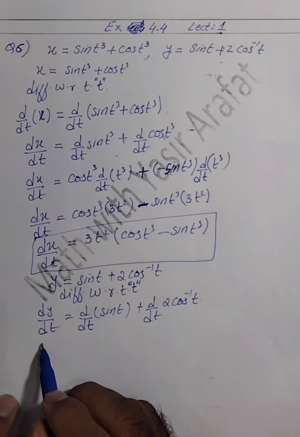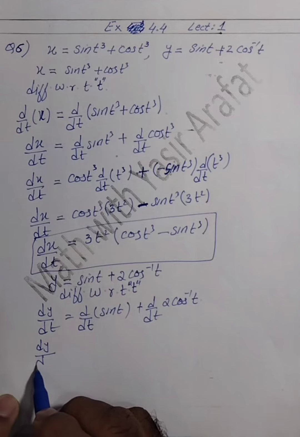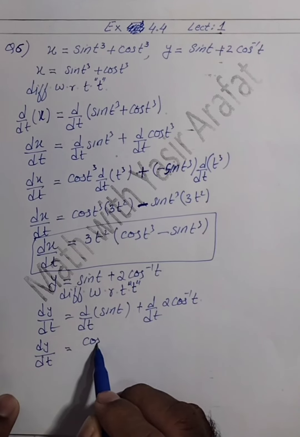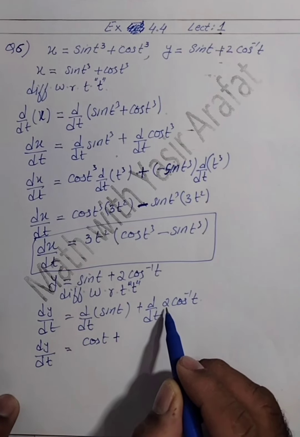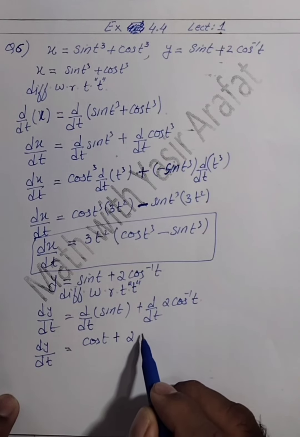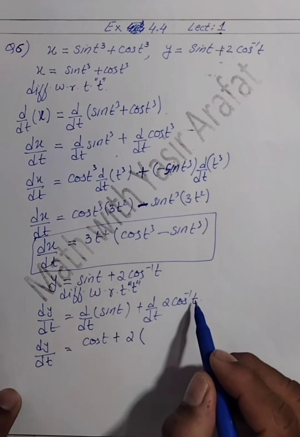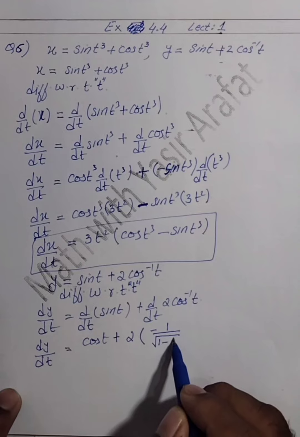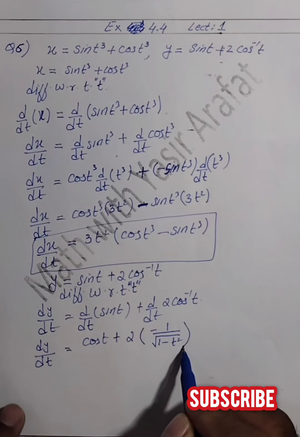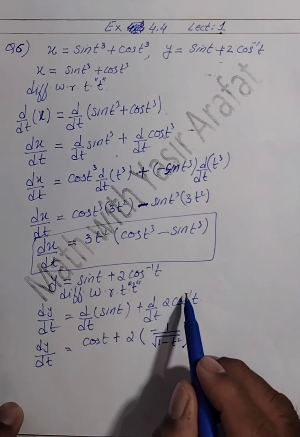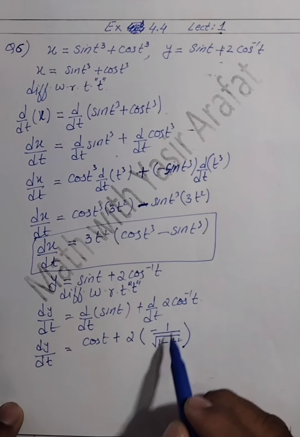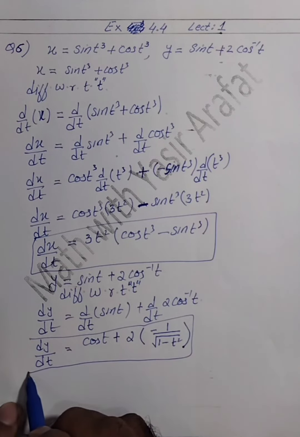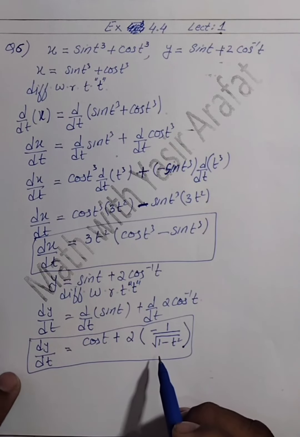So this is here dy over dt. So the derivative of sine t is cos t, 2 is its coefficient, remains the same, and the derivative of cos inverse t is minus 1 over the radical of 1 minus t square. We have to use the formula: the derivative of cos inverse t is minus 1 over the radical of 1 minus t square.